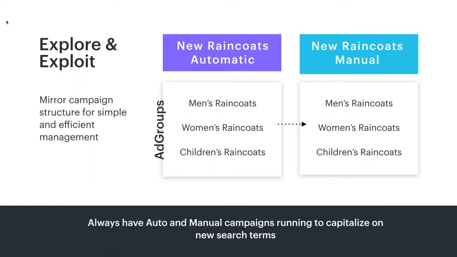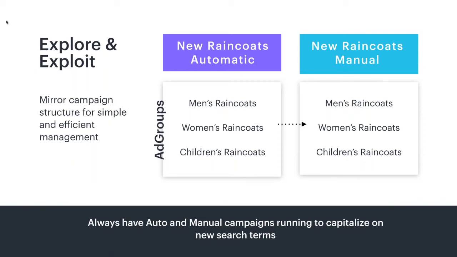But the key here is to set up your campaigns in a mirrored structure, so that for every automatic campaign, you have a corresponding manual campaign with the same set of ad groups and the same SKUs under each one. By doing this simple action, you're going to make it really easy for yourself when you're finding new keywords through the automatic campaigns. That's why we call it explore and exploit.